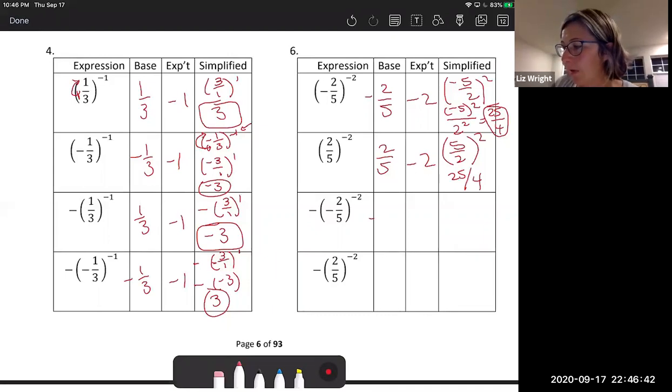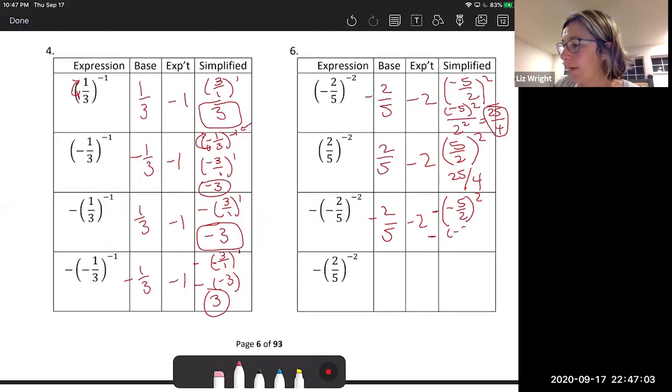Our next one, we've got -2/5. And we're raising it to the -2nd power. So we've still got that negative out front. We still have the negative inside the parentheses. We're just switching the order, changing numerator and denominator. Our exponent becomes positive now because we did that. So again, we still have our negative out front.